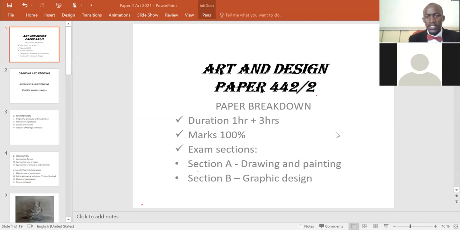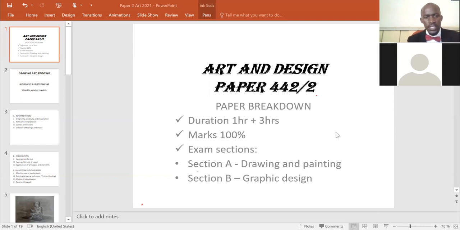Section A of that practical paper consists of a drawing and an option of painting, so you can pick either a drawing or a painting. Section B, or alternative B, consists of purely graphic design work.